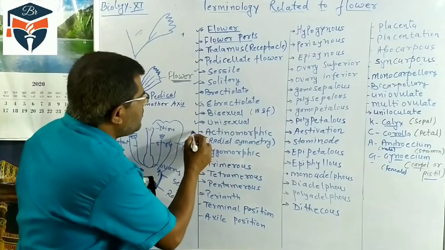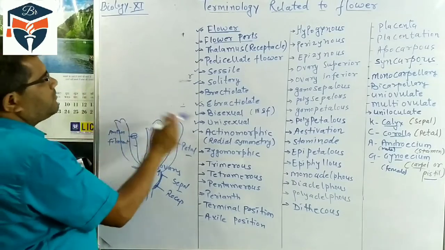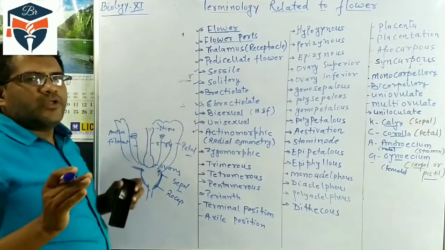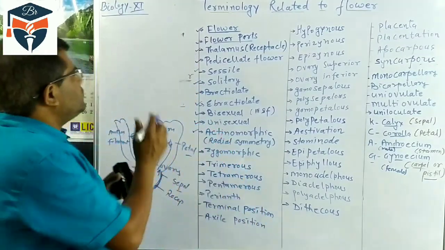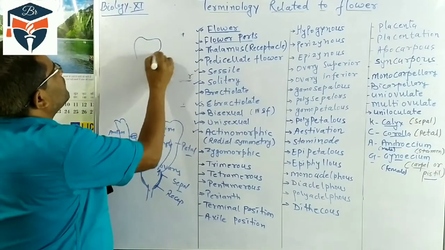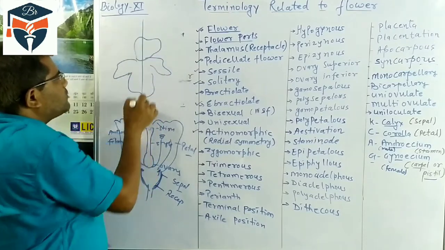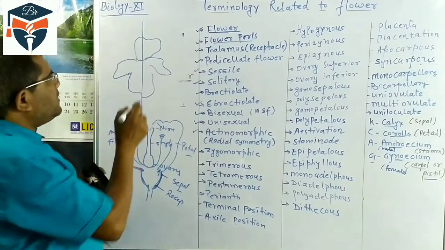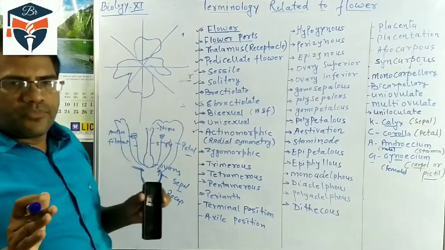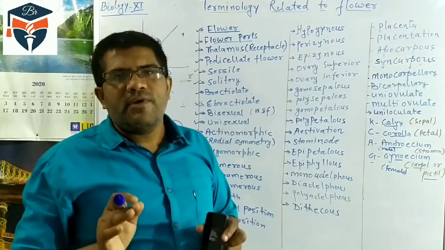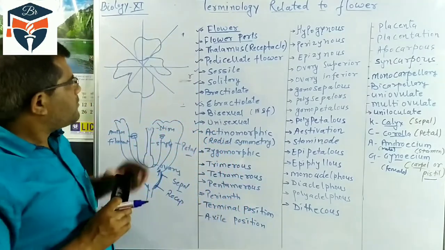Another is the actinomorphic flower. What happens when any one flower is cut along any axis and it is divided equally? Suppose I have one flower with four rows here. If the flower is cut along any plane and it is divided equally, so equal halves of the flower are made by cutting from any axis.